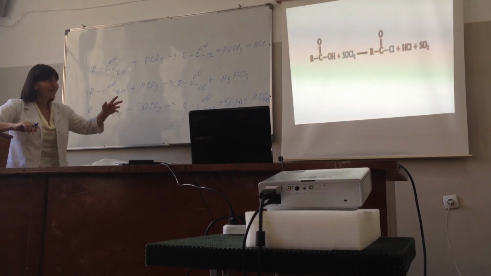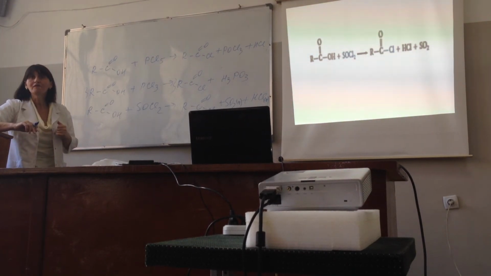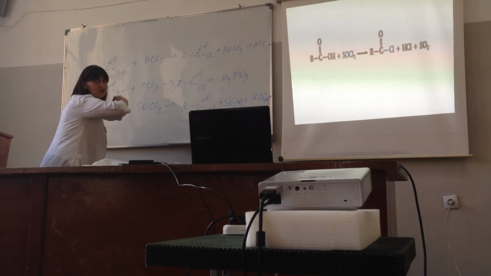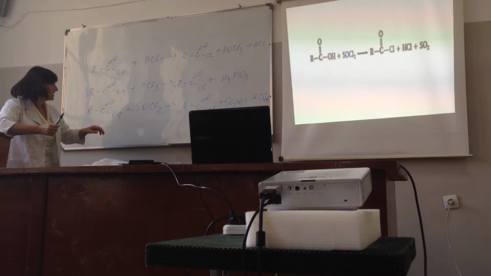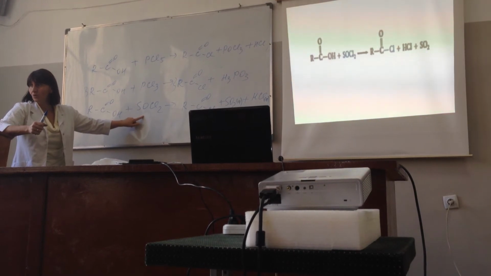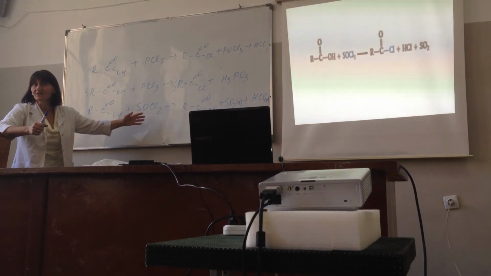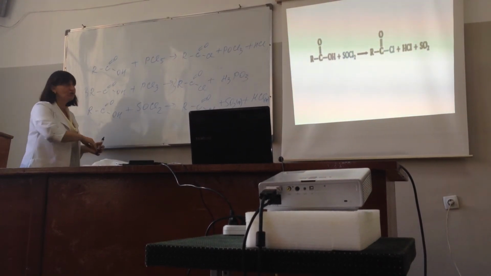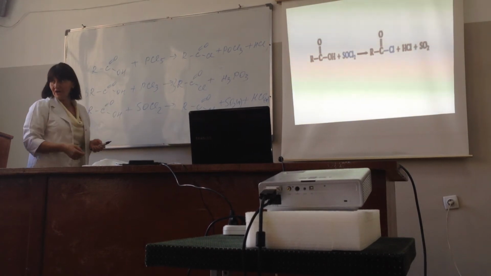And this fact we can use for shifting our reaction to the right side. And of course, this one is the best as reactant. Why? Because here you have a reversible reaction and your reaction always shifts to the right side.